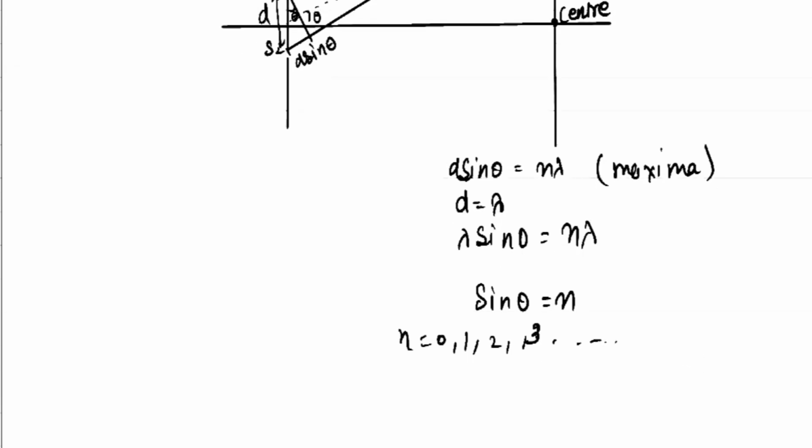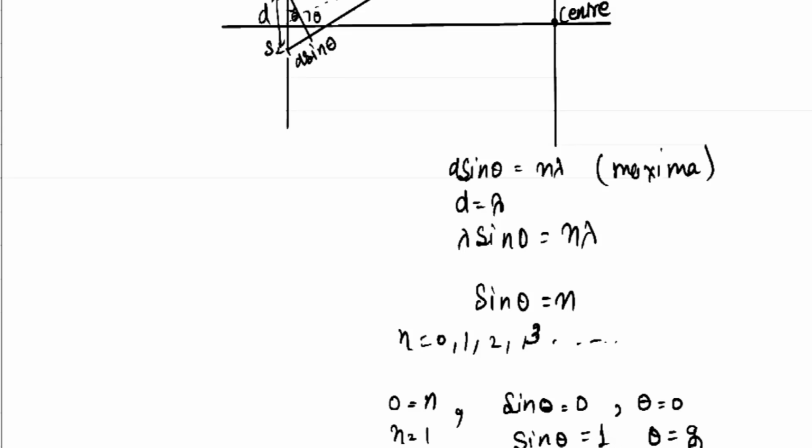If n equals 0, then sin theta is equal to 0, which means theta is equal to 0. And if n equals 1, then sin theta is equal to 1, which means theta equals 90 degrees.